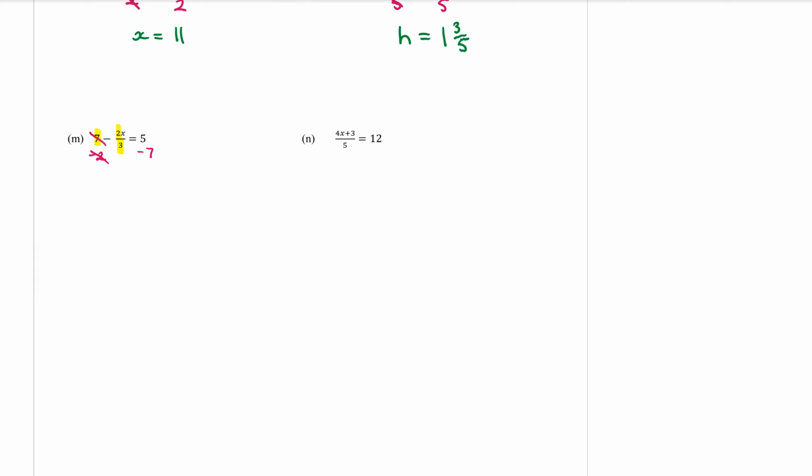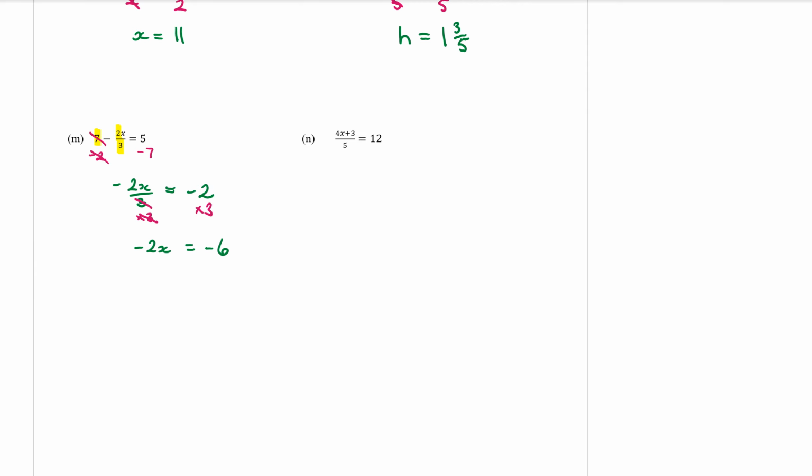That means that I will have a negative 2x over 3 still remaining, and I will have 5 take away 7, which is negative 2 on the right hand side. Next to go is this 3. Because it's divided, I have to times by 3. Get rid of that. So that leaves negative 2x, and negative 2 times 3 is negative 6.